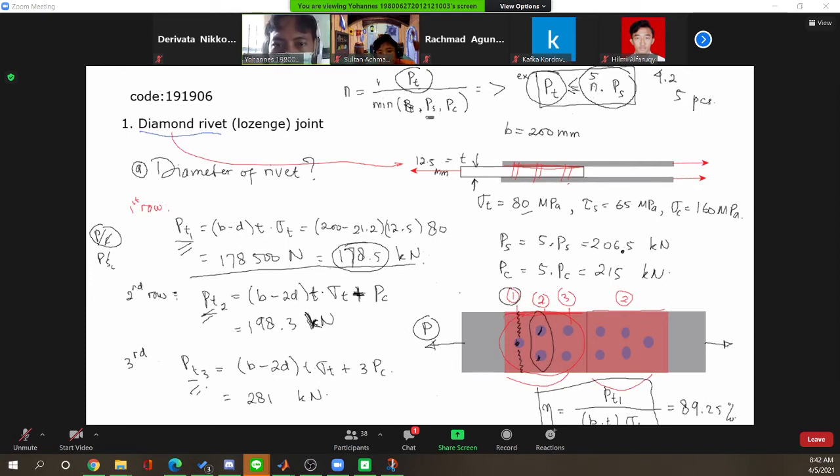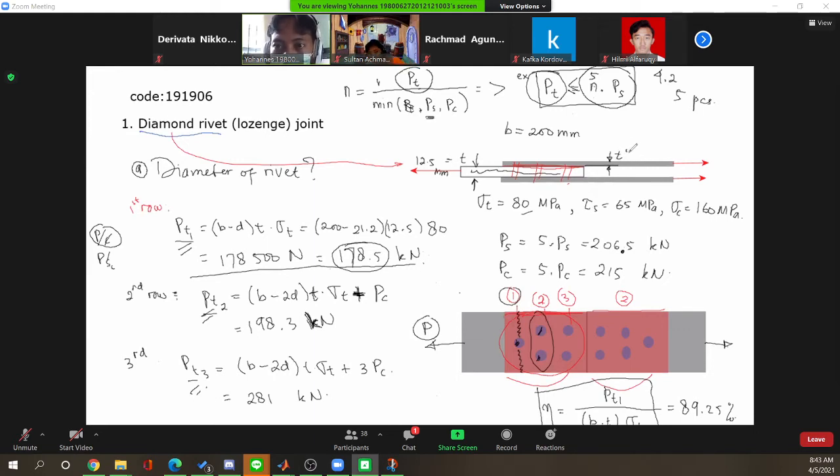Okay, so next is to determine the thickness of butt straps for this kind of joint. This butt strap is the additional plate that keeps the main plate in the joint. So we need this butt strap plate. This is also a plate.